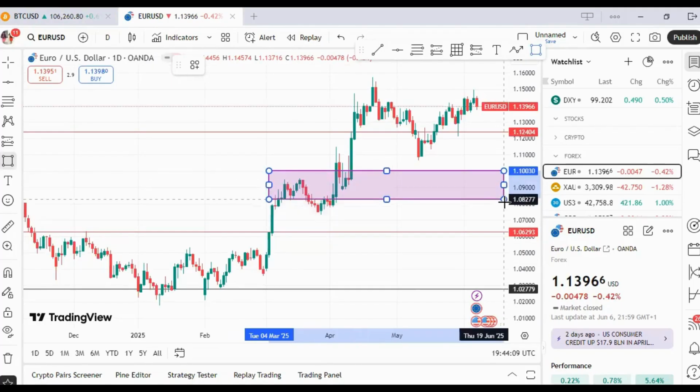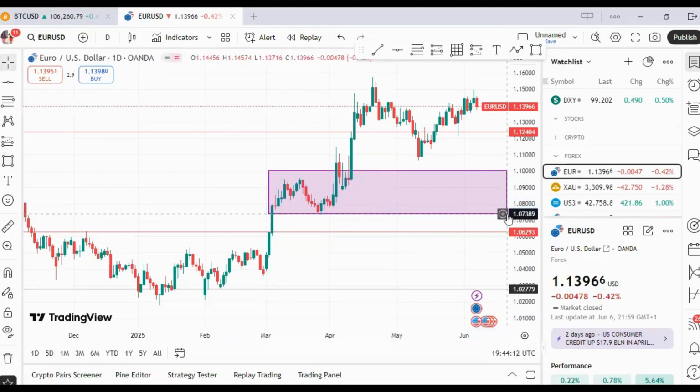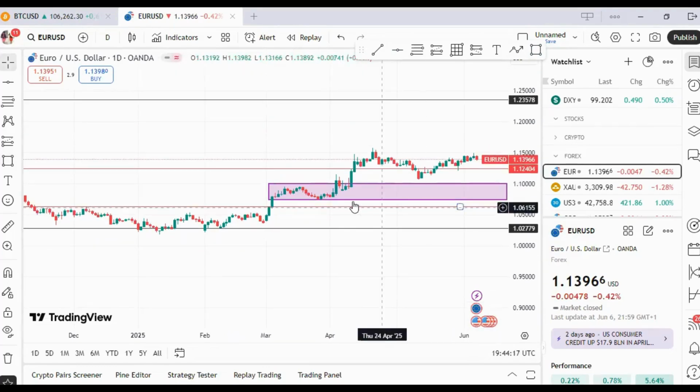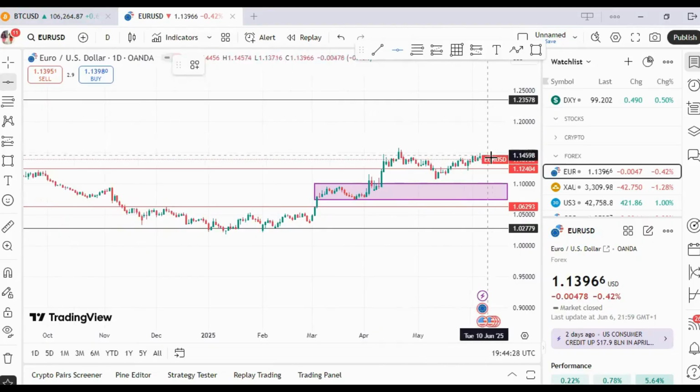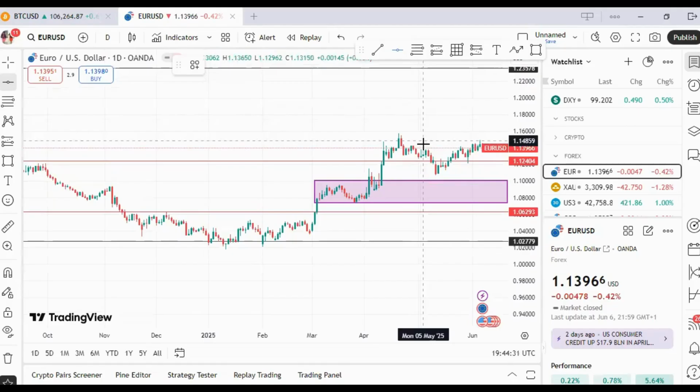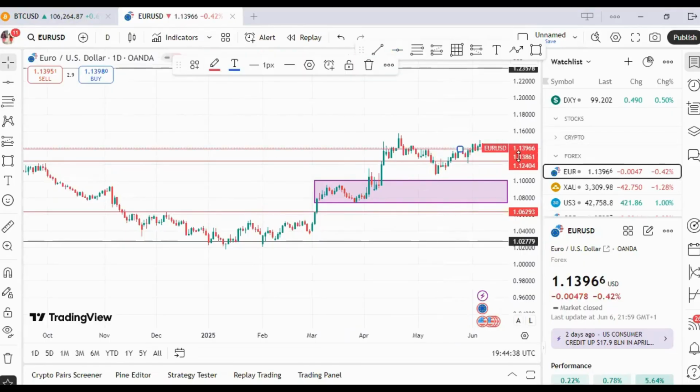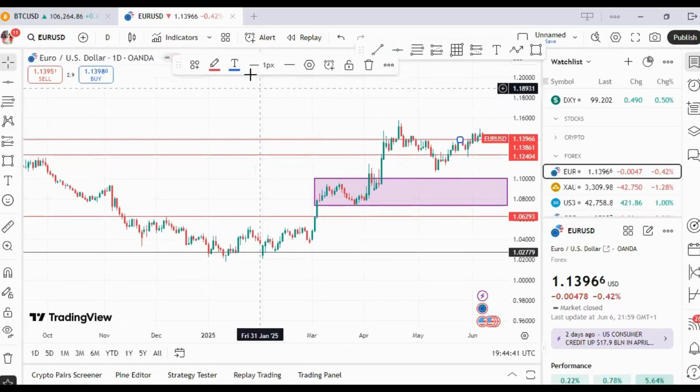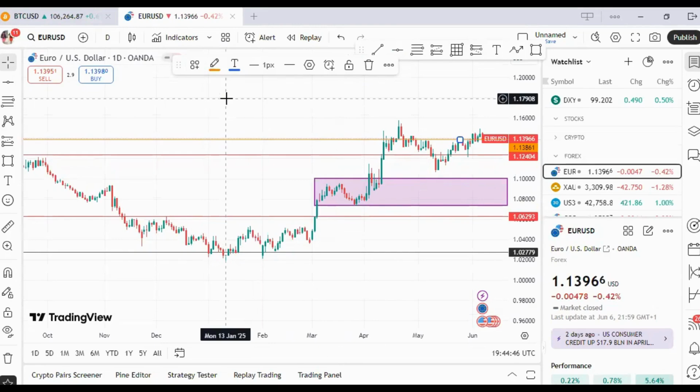But yeah, we have our support and we have a resistance here. This is a mini resistance formed on the daily. EURUSD has been consolidating. Let me bring it down here. So we've gotten our daily resistance. You can still decide to switch the color if you want to be able to identify your daily.